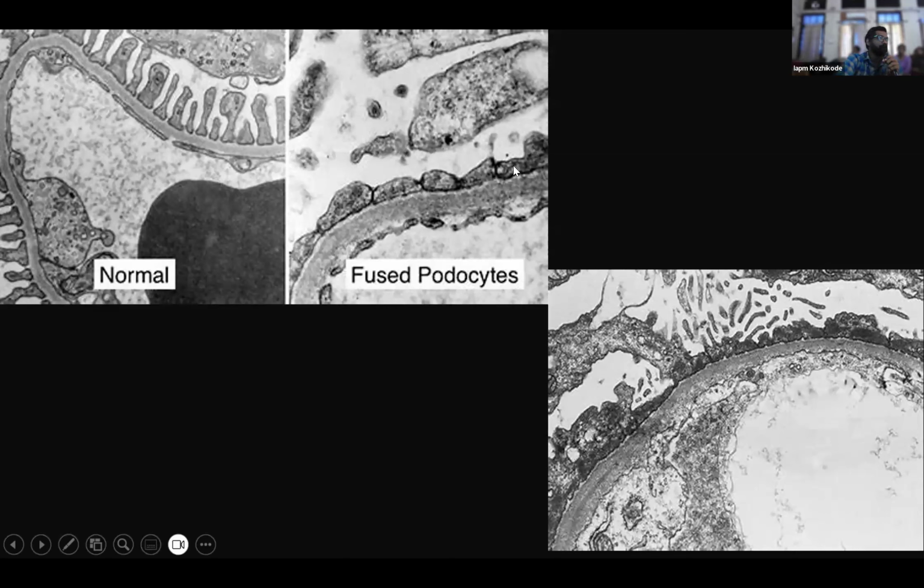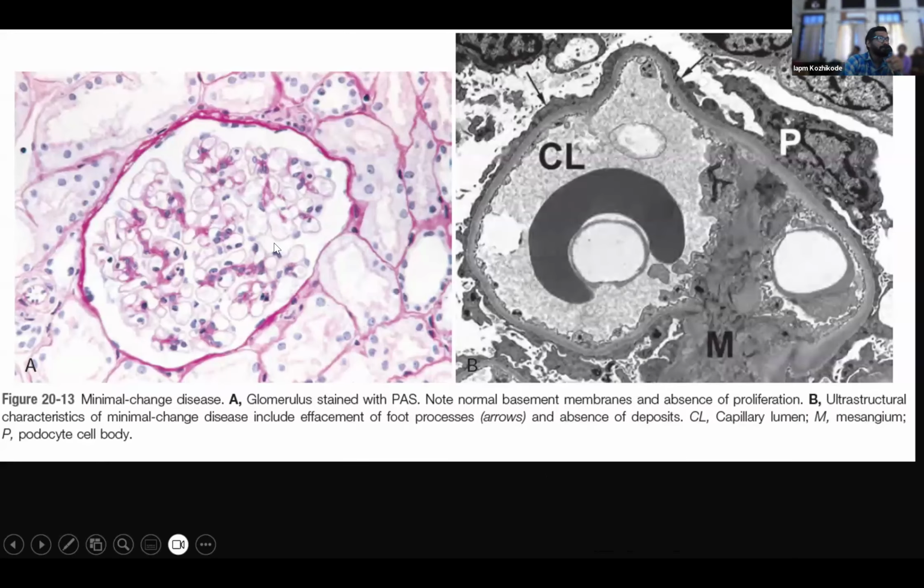It will look like this, attenuated, and it will have microvilli and things like that. So that is your minimal change disease. The glomerulus is going to look as normal as possible in LM, and you will have the attenuation of the foot processes when you do the EM.